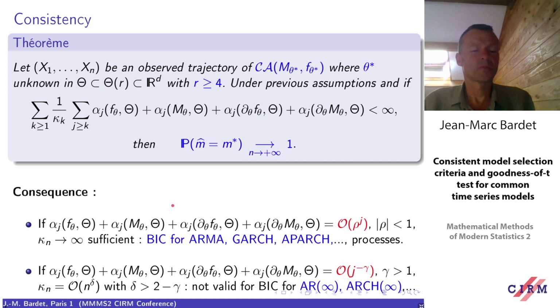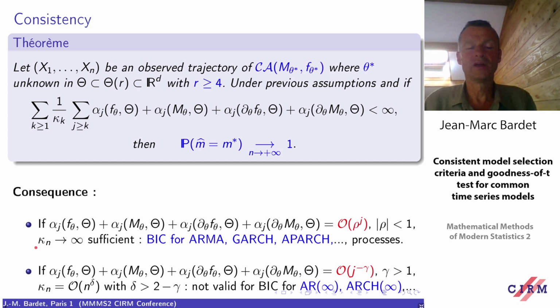Okay, so this condition for kappa is not so difficult to obtain. For instance, if you use ARMA, GARCH, or Apache processes in your family of models, you have an exponential decrease of those coefficients.